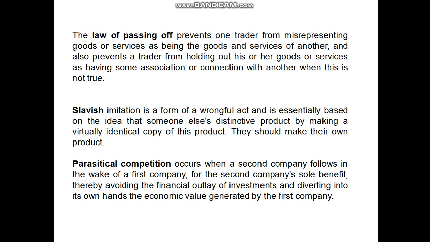The next is parasitical competition. Parasitical competition occurs when a second company, here company B, follows in the wake of the first company, that is company A, for the second company's sole benefit, thereby avoiding the financial outlay of investing and diverting to itself the economic value generated by the first company.